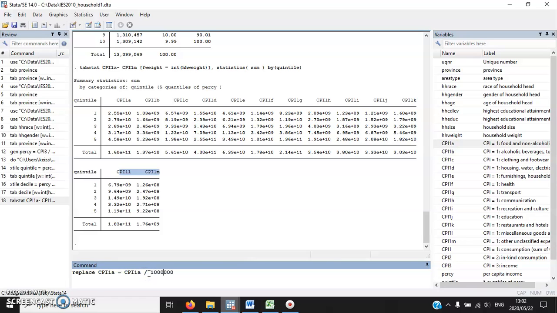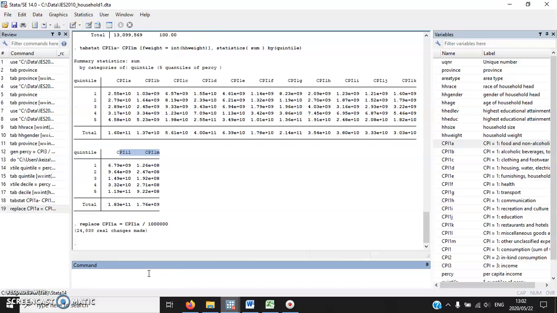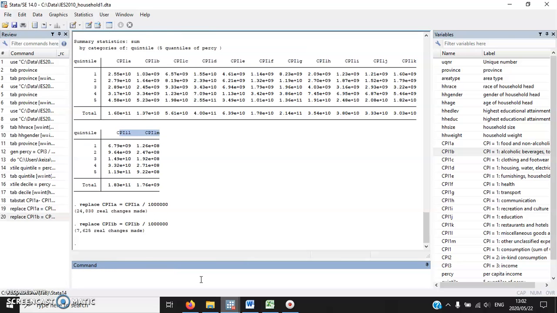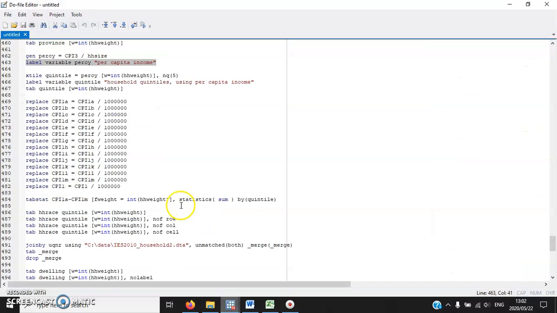I just need to make sure there are 6 zeros. Okay. And then replace the next one, CPI1B equals CPI1B divided by 1 million. Again, make sure there are 6 zeros. Okay. Then I think we can run these commands from 471 to 482. We have valid reasons to be lazy, okay?